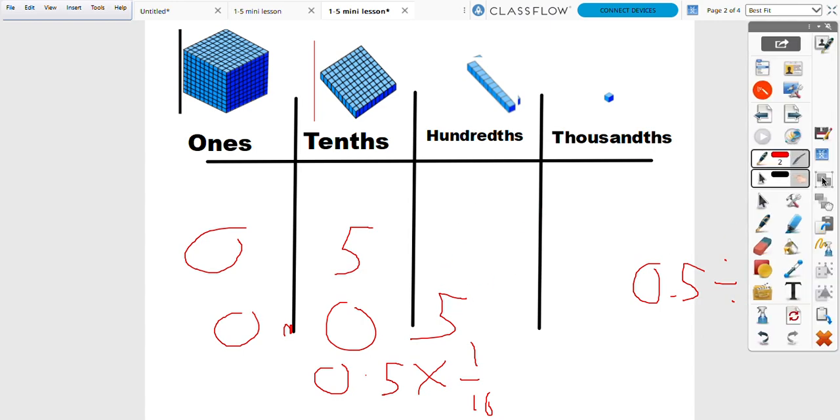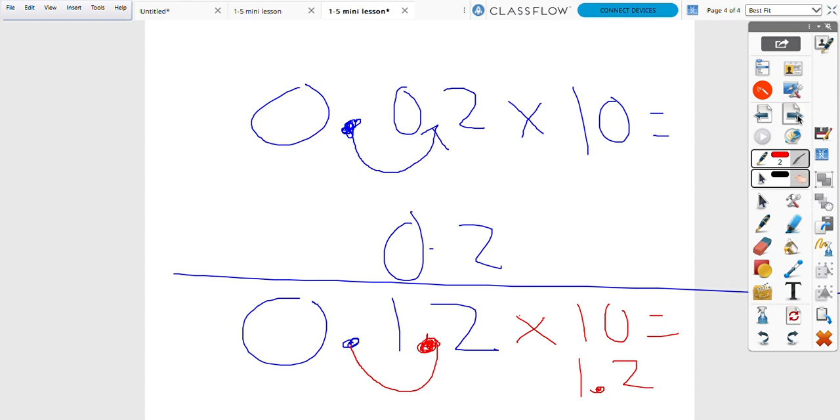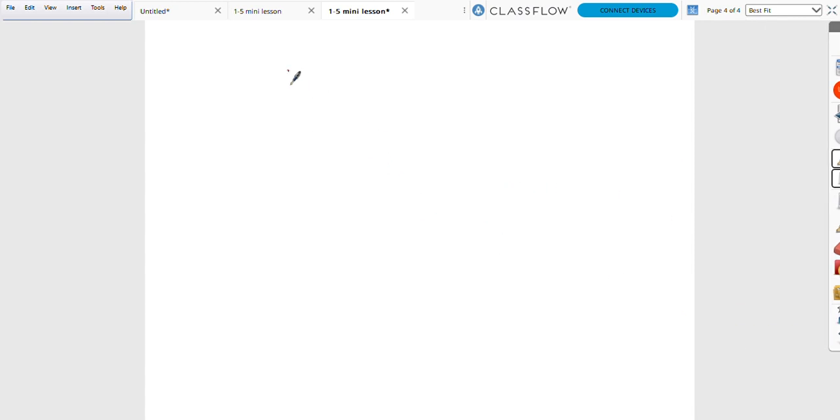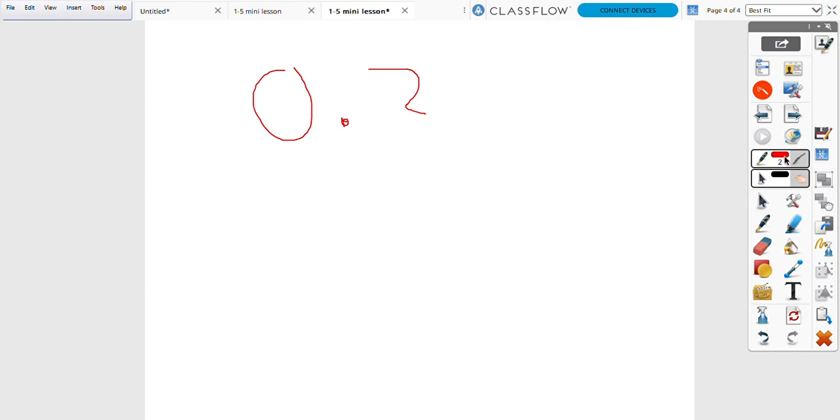One strategy that I did not teach you last week is that you can simply move the decimal point. So if you look at 0.2 and you want to multiply this number by 10, you can move that decimal point over.